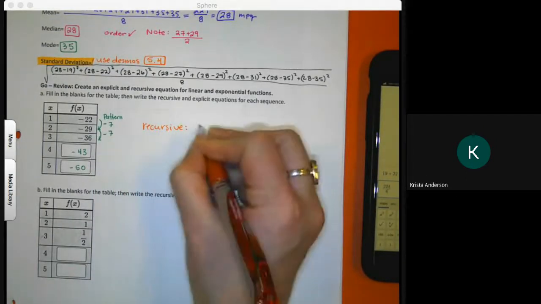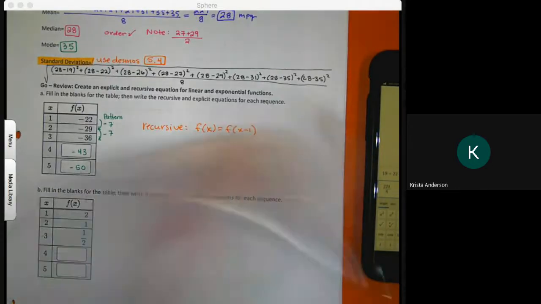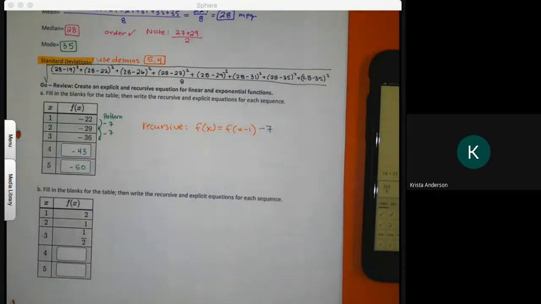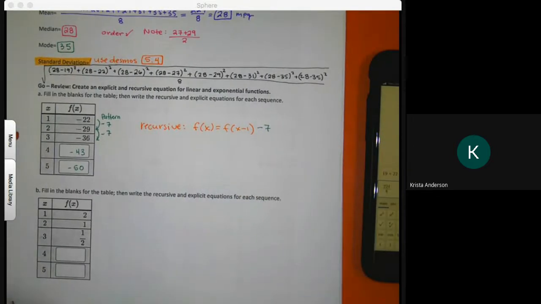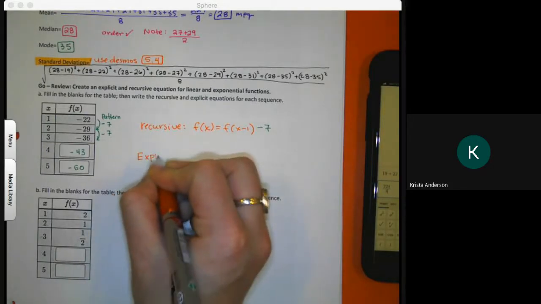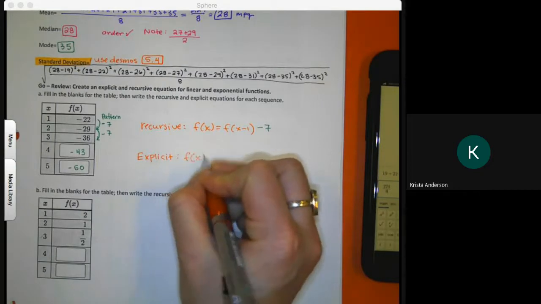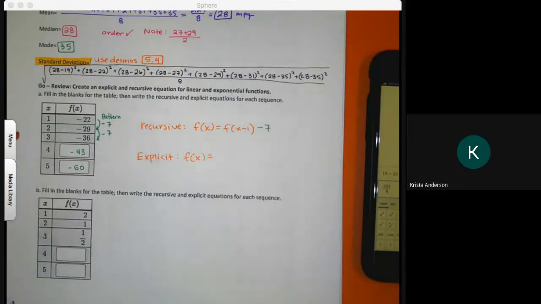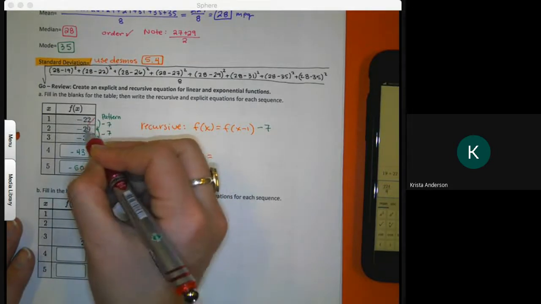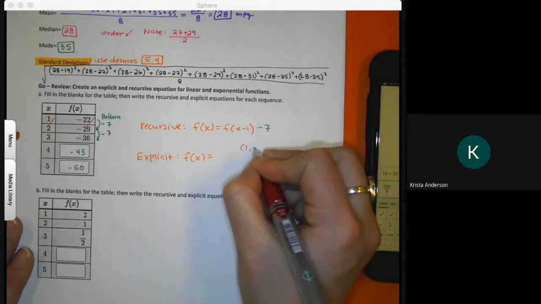Recursive would be f of x equals f of x minus 1 with my pattern, minus 7. Explicit, f of x equals, I'm going to pick a point from my problem. I'm going to use the negative 22 and the 1.